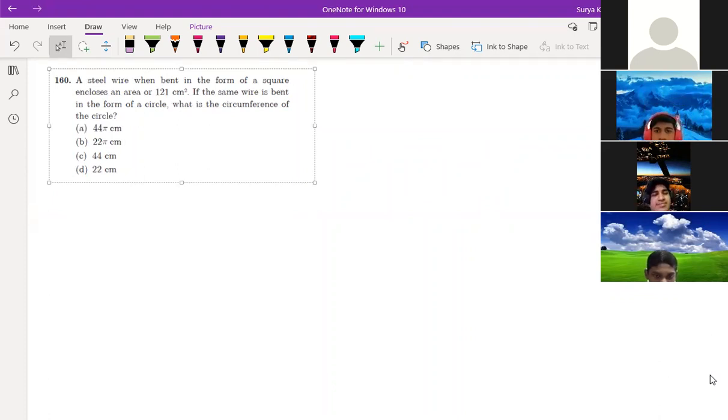If the same wire is bent in the form of a circle, what is the circumference of the circle? 44 pi, 22 pi, 44, 22.